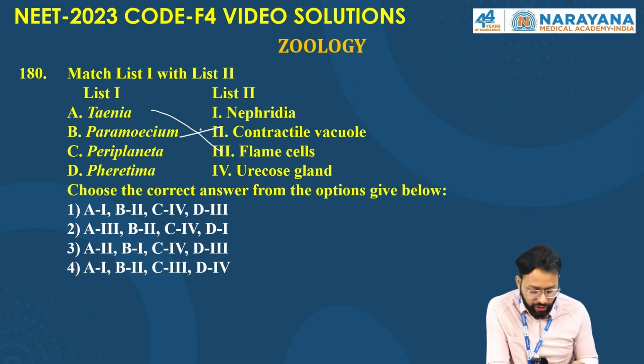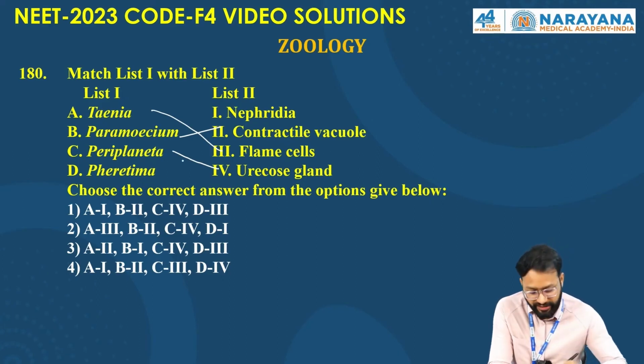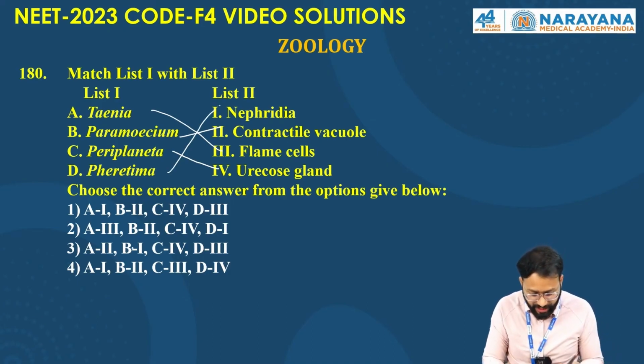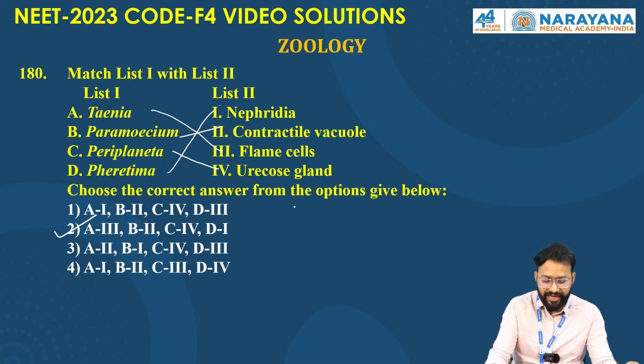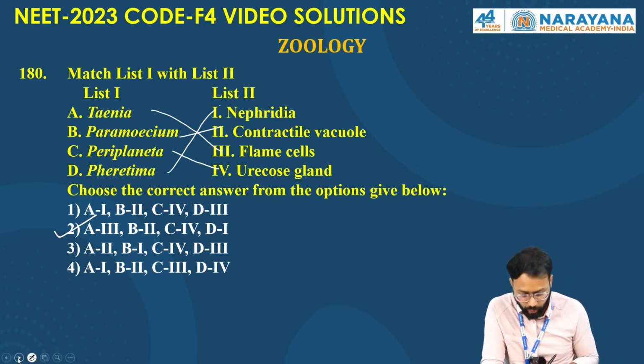In case of cockroach, excretory structures are Malpighian tubules. Pheretima, it is an annelid, earthworm, right? Excretory structures are nephridia, right? So for A, it should be 3. A, 3, B, 2, C, 4, and D, 1. Right? Correct option is option 2.